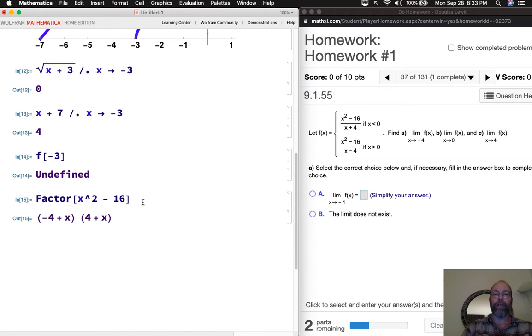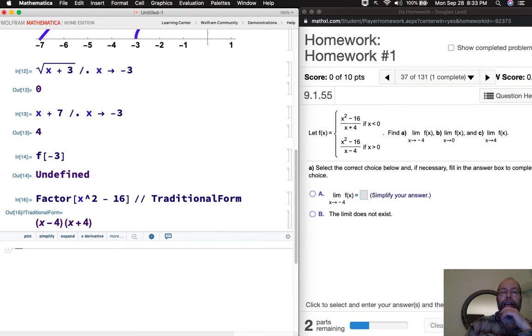Let me make that look a little bit more traditional. Okay, x minus 4 times x plus 4 is the same as x squared minus 16. If I divide by x plus 4, that means I'm left with x minus 4.